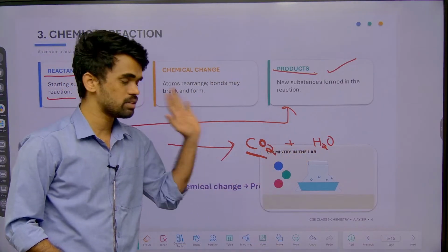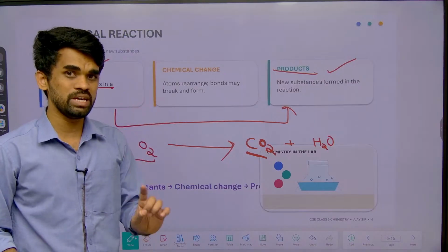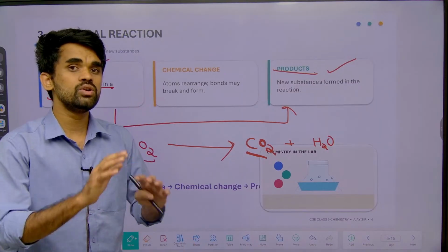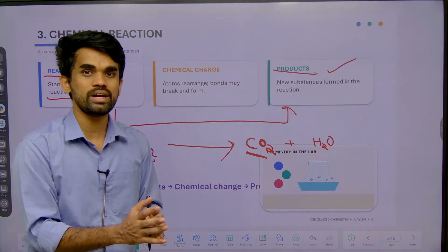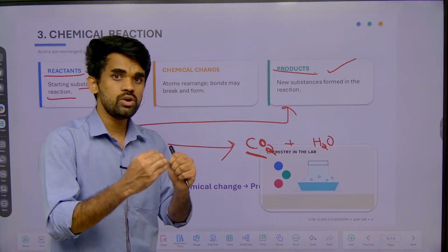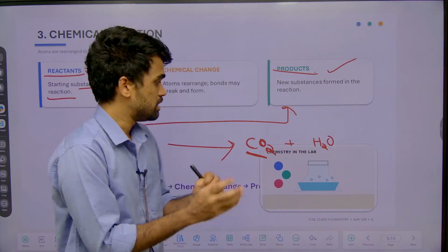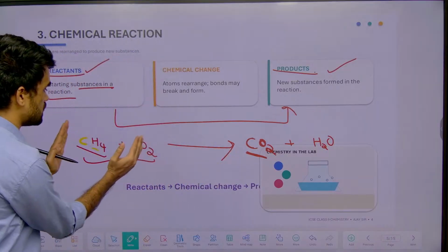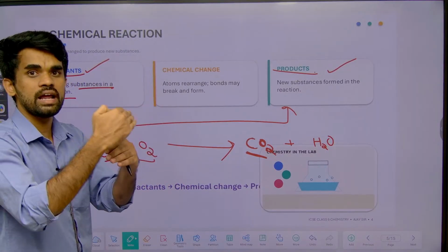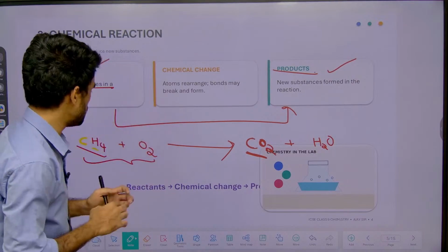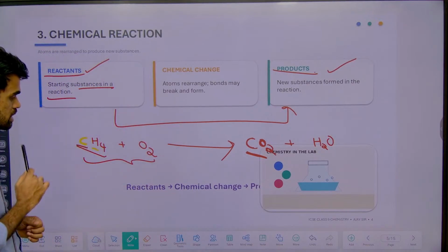This is what the chemical reaction is. It means during a chemical reaction, no new atom is generated. Whatever atoms are present on the left side only get rearranged. How many carbons do we have on this side? 1, right?